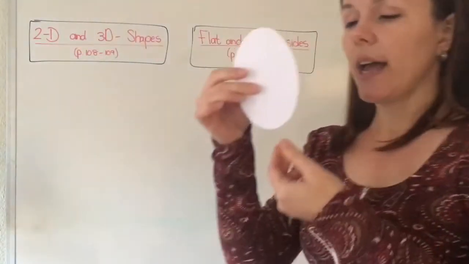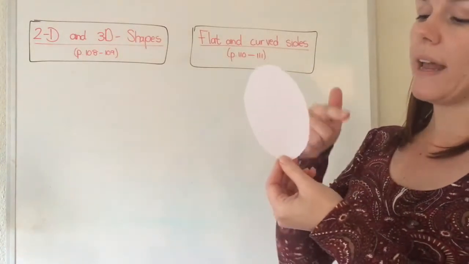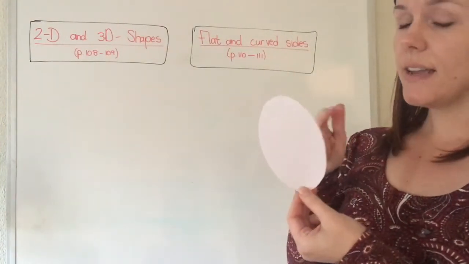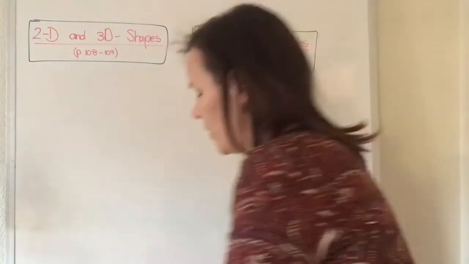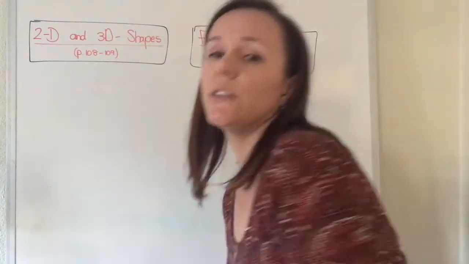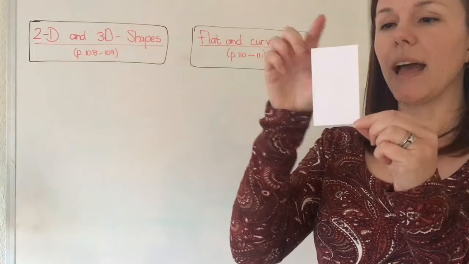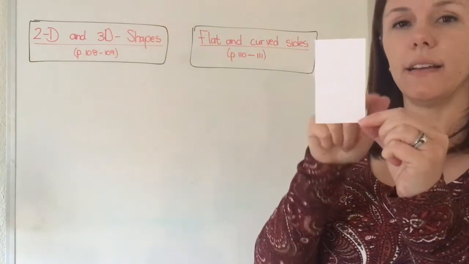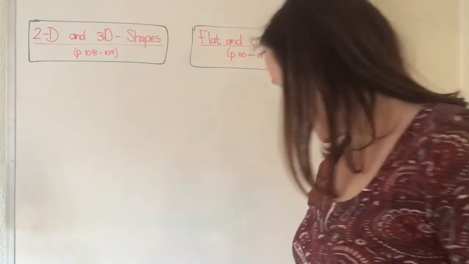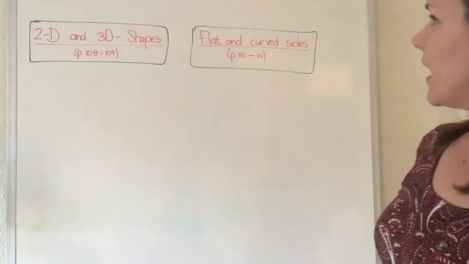This 2D shape has only one curved side, and it's the same with a circle. And this 2D shape has 4 flat sides. Okay, so that's flat and curved sides.